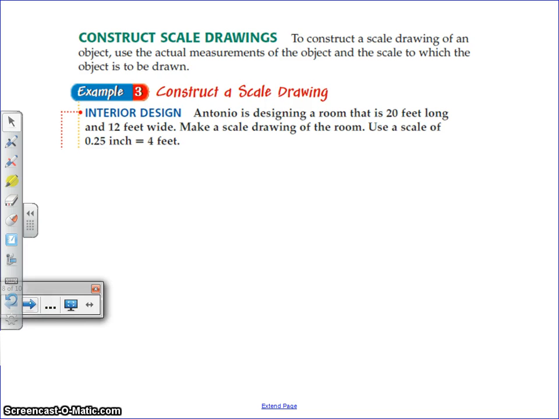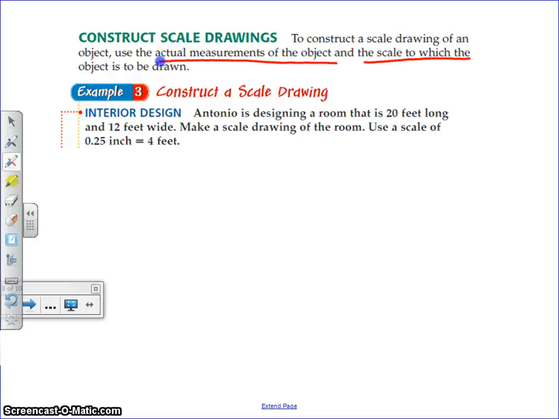Everything we're going to learn today is how to actually construct a scale drawing. For a scale drawing, you're actually going to use the actual measurements of the object. And then we're given a scale, and we're going to draw it, okay? Antonio is designing a room that is 20 feet long and 12 feet wide.